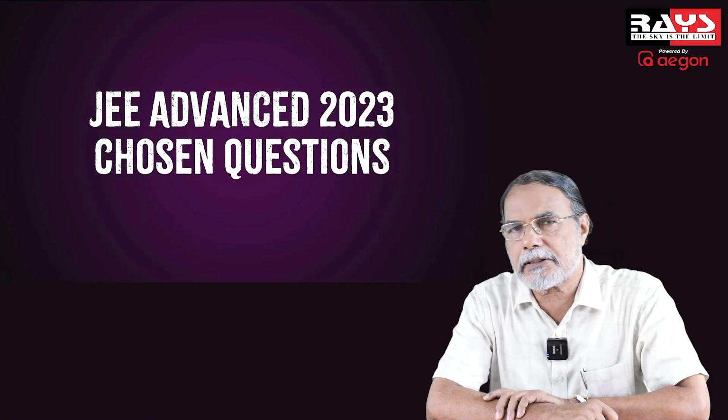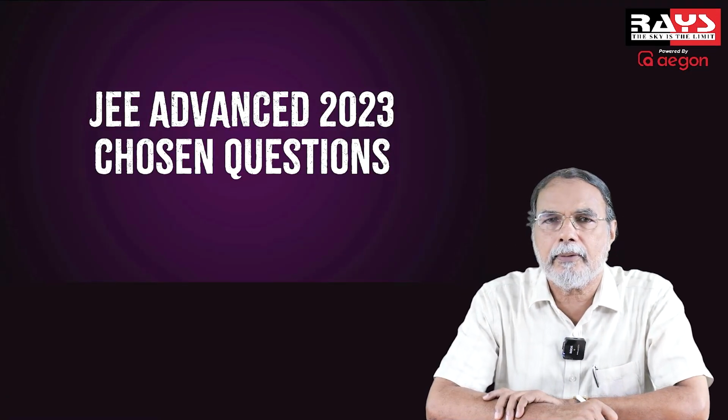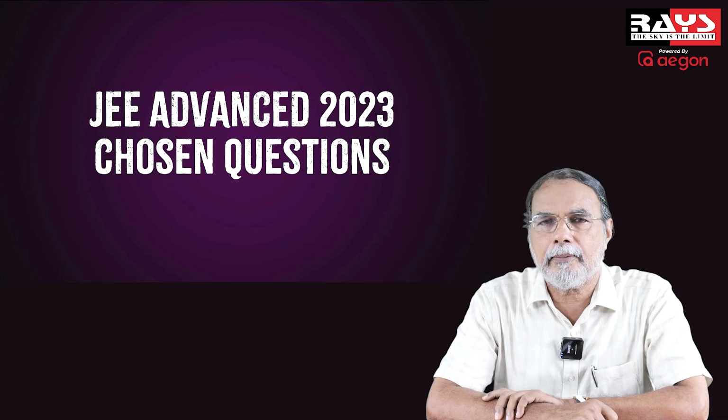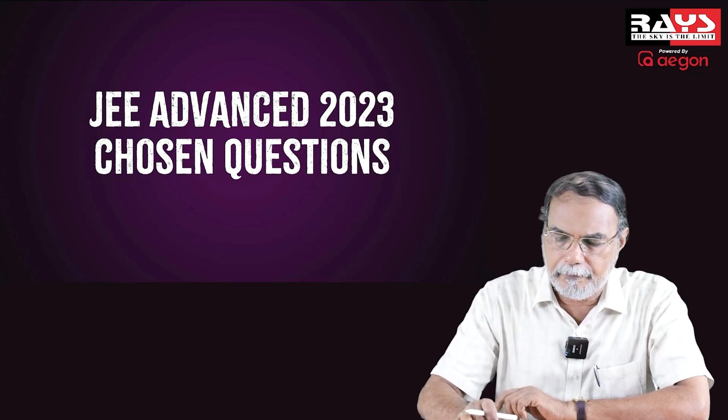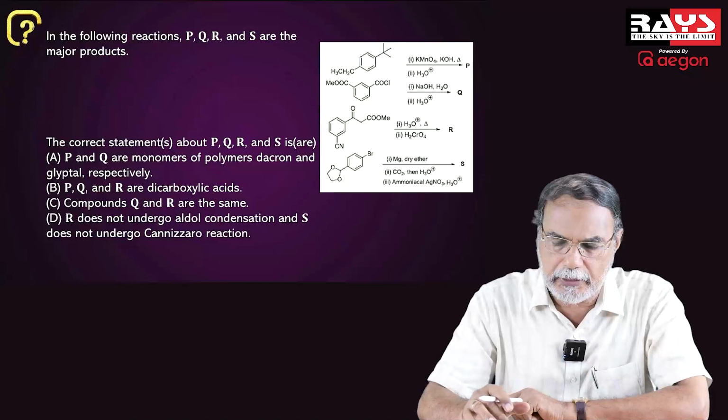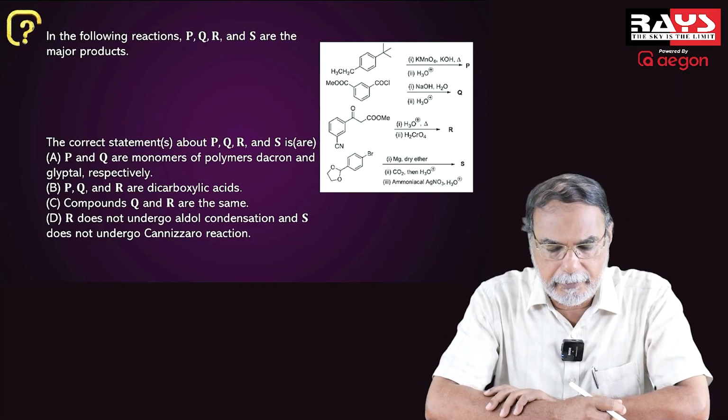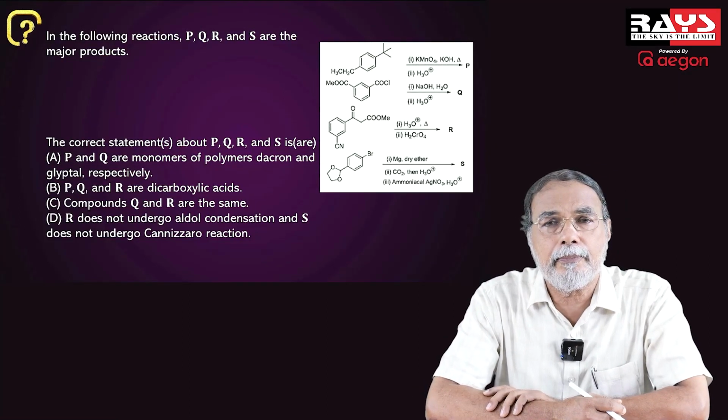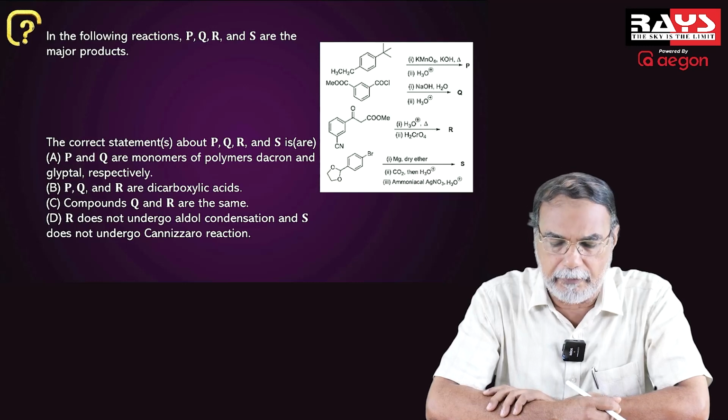So welcome to this discussion on questions in previous question papers of JEE Advanced from Egan Learning. Let us have a question in organic chemistry in Paper 2 of JEE Advanced 2023.